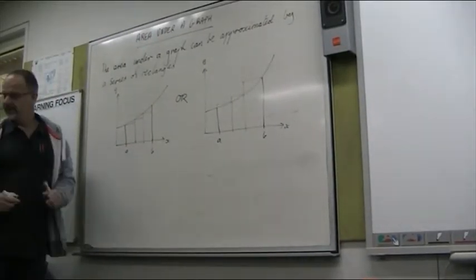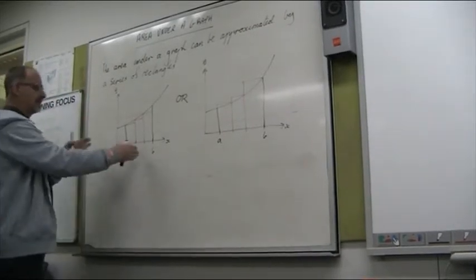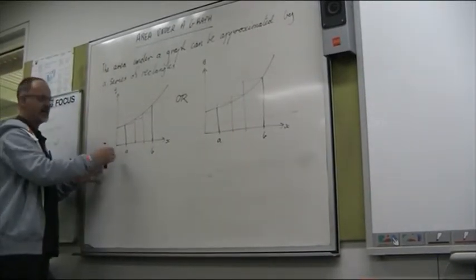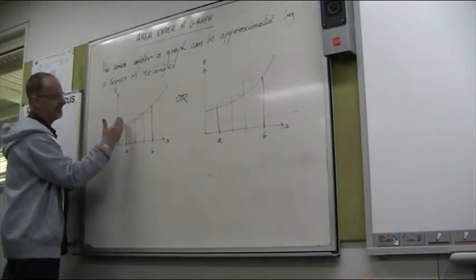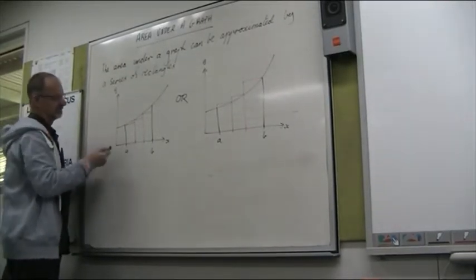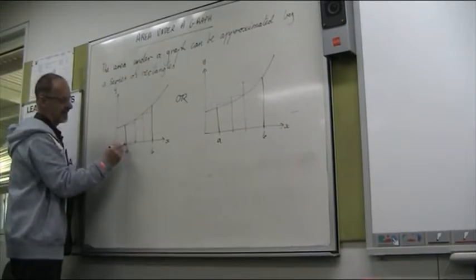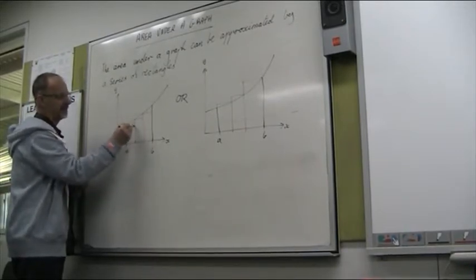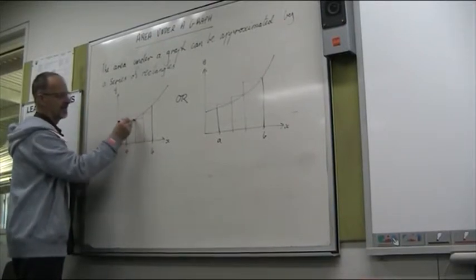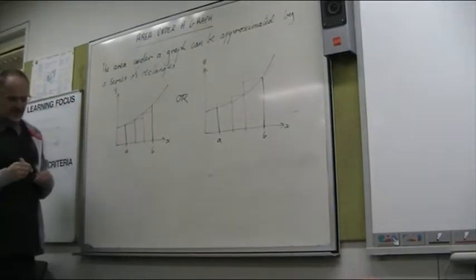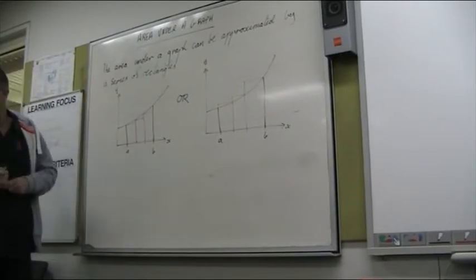All right, a couple of definitions. These ones on the left here are called left rectangles because the left-hand edge of the rectangle, this one here, the left-hand edge of this rectangle touches the curve.